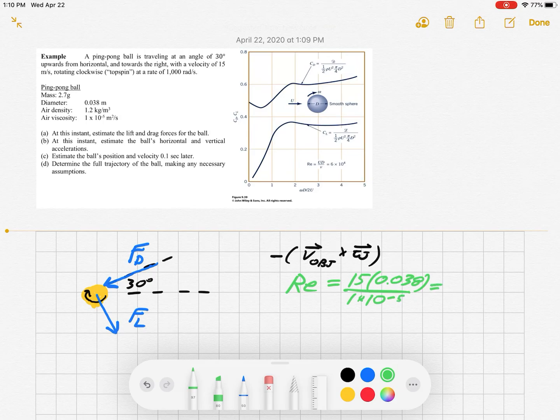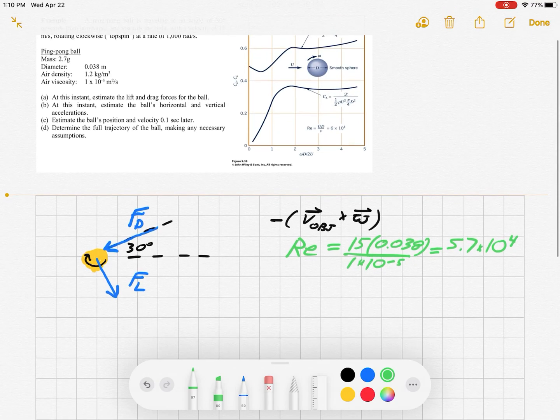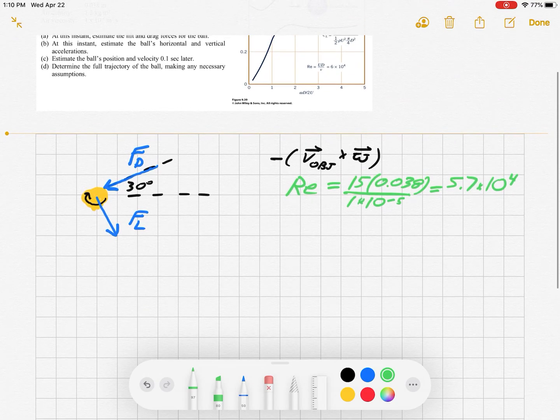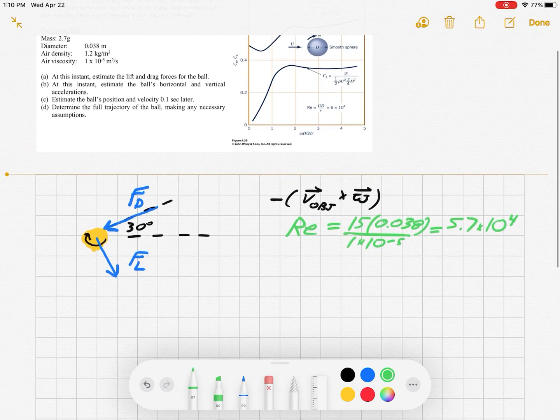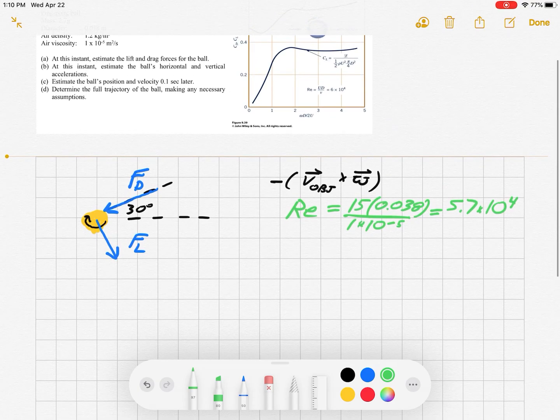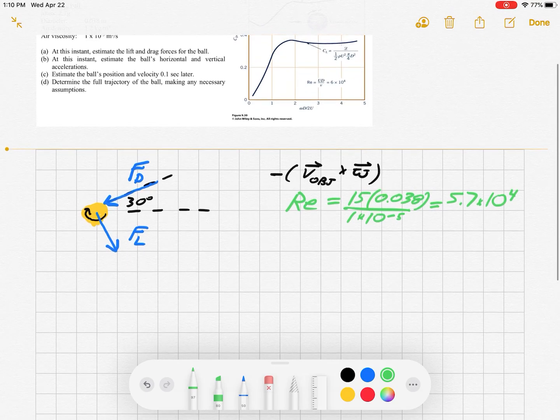I actually got a Reynolds number of 5.7 times 10 to the 4, which is amazingly close to 6 times 10 to the 4. It actually never works out this way, and I'm kind of surprised. I swear I didn't rig the numbers, but that would actually give us a lot of confidence that this chart was correct for this problem, okay? So we're in good shape in terms of the Reynolds number.